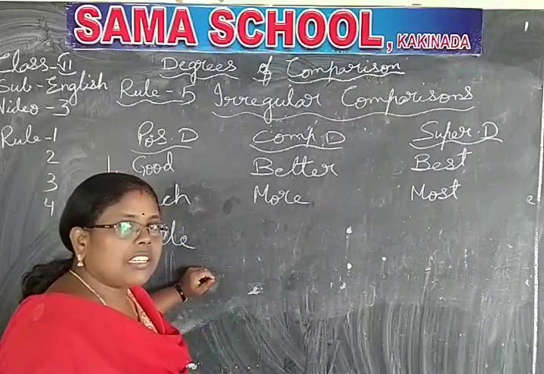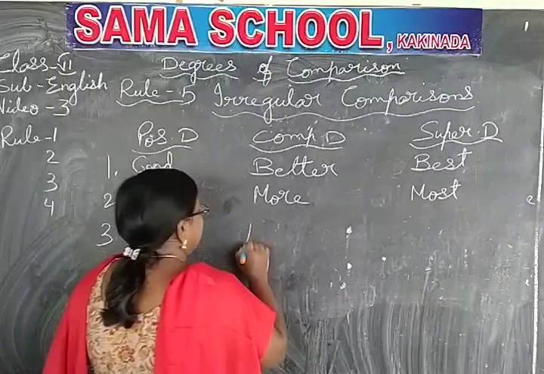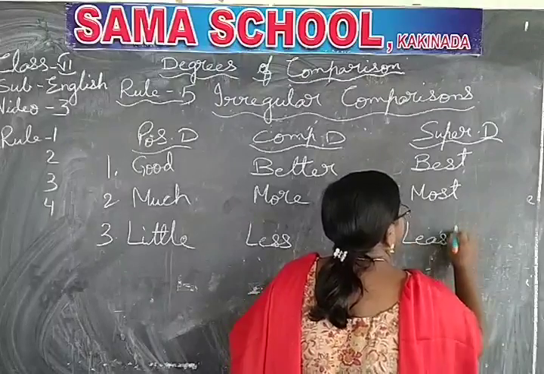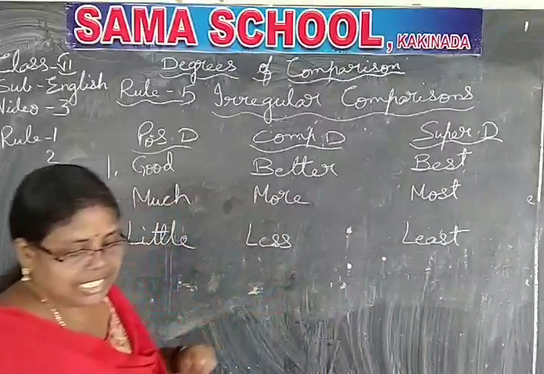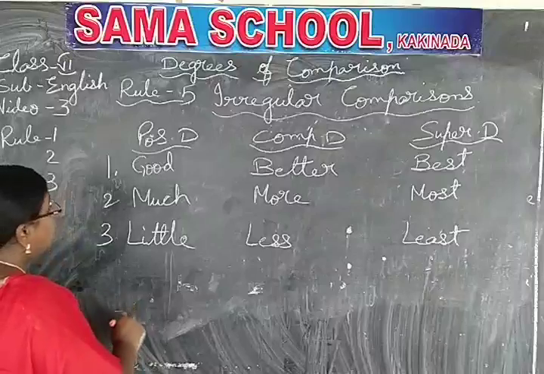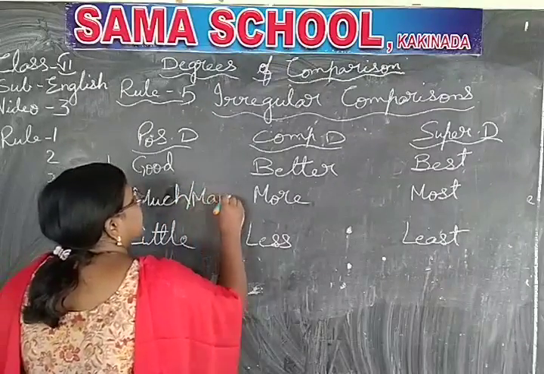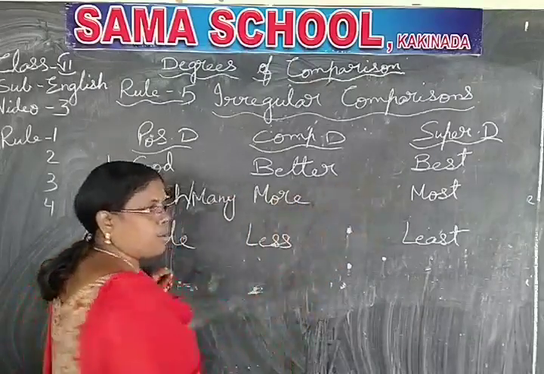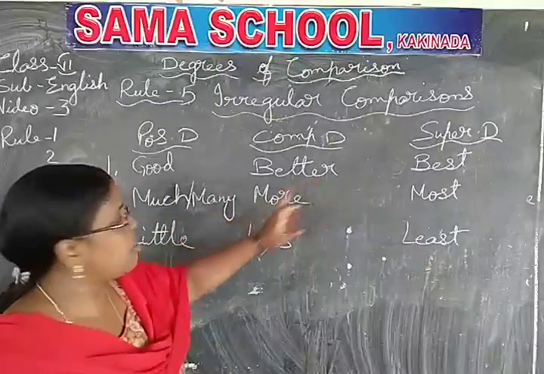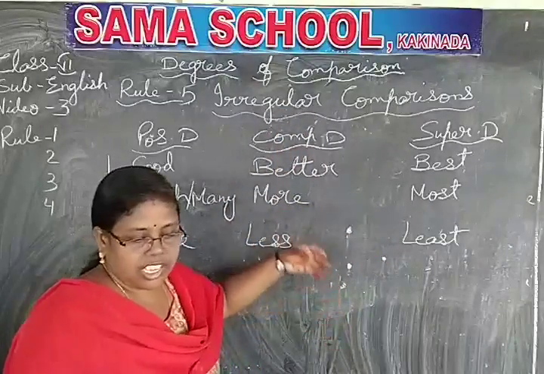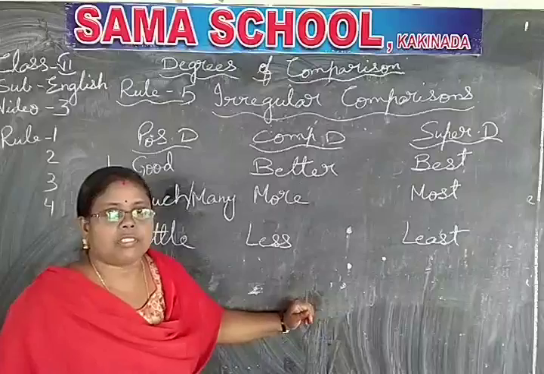Little, more little, most little? No: little, less, least. Next, many also, the same: many, more, most. Much also, more, most. Like that, these are called irregular comparisons.